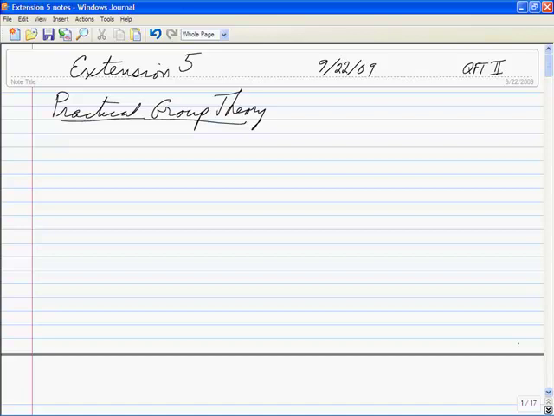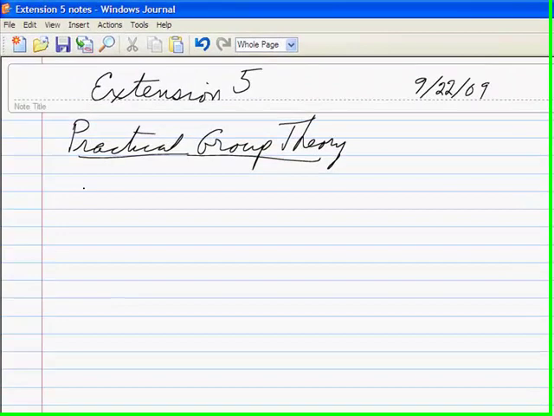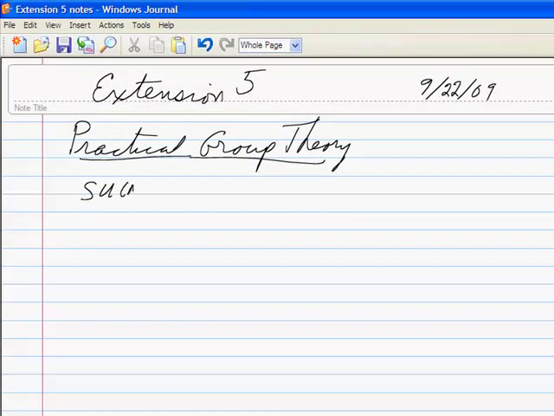I don't think I'll review the properties of groups, but let me just comment about SU(N) groups. SU(N) groups are the ones that we're going to end up using a lot, and they have representations that can be taken to be n by n unitary matrices with determinant equal to 1.